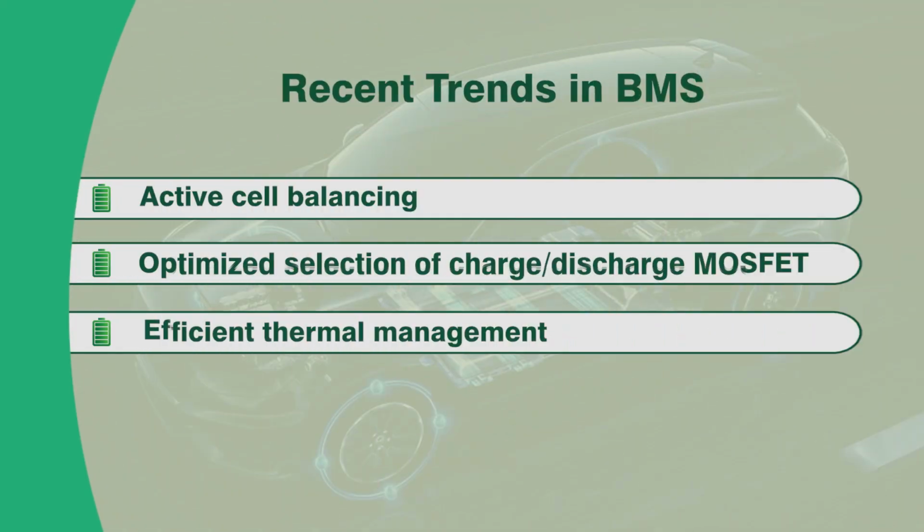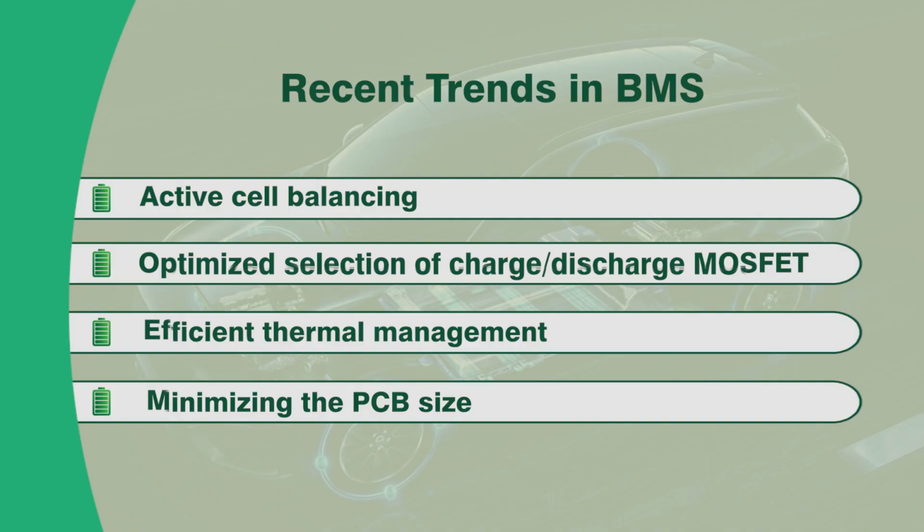The next one is minimizing the PCB size. As we know, the size of the battery pack is very crucial for any electric vehicle. The size of the PCB is also very important to get a good orientation and a good geometry of your battery packs.